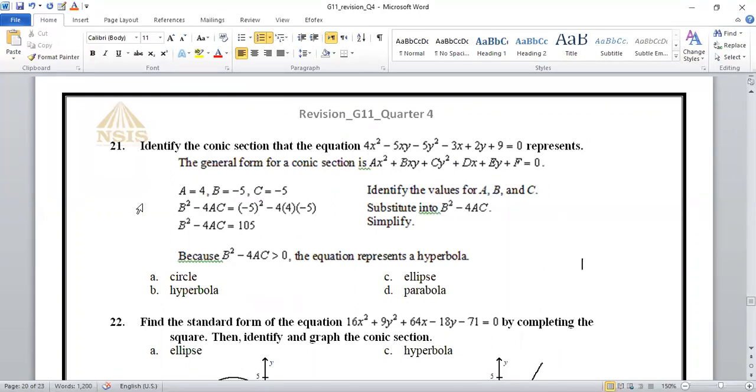From our equation, a equals 4, b equals -5, and c equals -5. Using the formula, substitute in b² - 4ac. Okay, b² - 4ac equals 105. Because b² - 4ac is greater than 0, the equation represents a hyperbola.